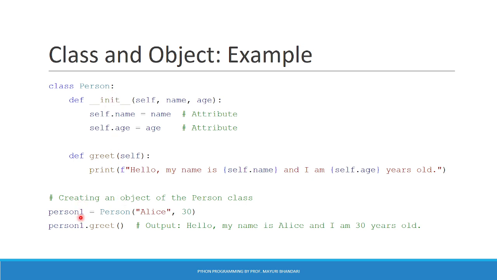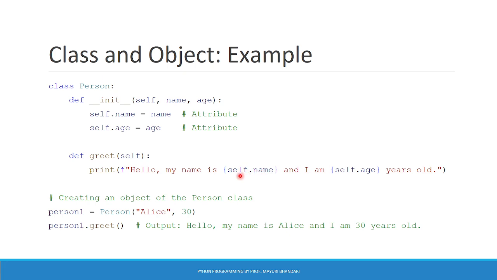How to create an object? Just give the name of the object equal to the name of the class, with brackets and whatever parameters you want to pass. So for init, whatever parameters you have defined, name and age, we are passing from here. And then person1.greet, we are just calling the function, so it will print this message.